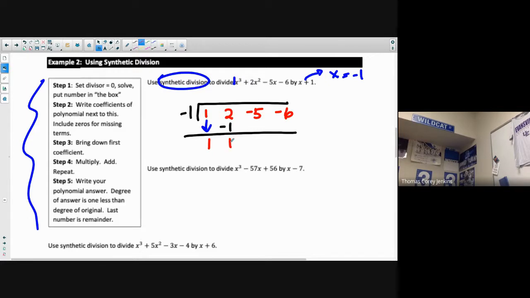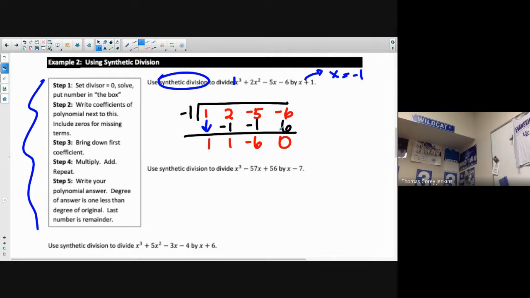All right, so now we repeat. -1 times 1 is -1. Add these two together, you get -6. And multiply again. -1 times -6 is +6. We add, and we get that nice remainder of 0.